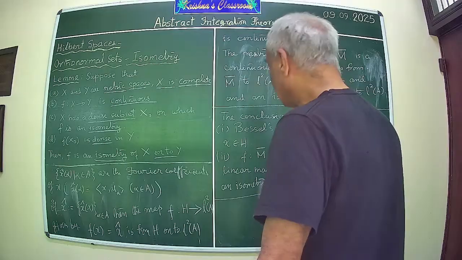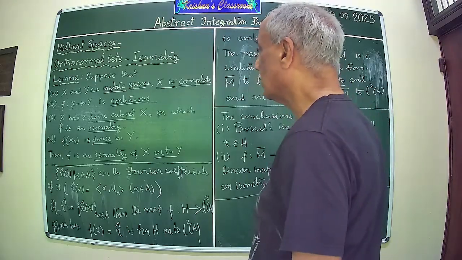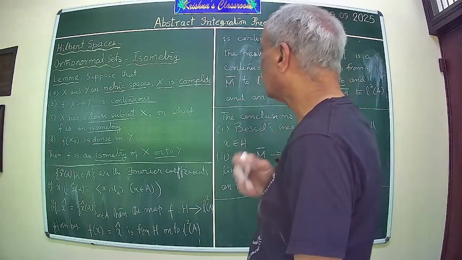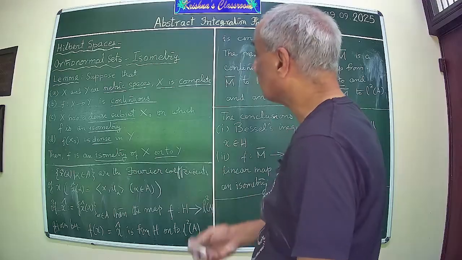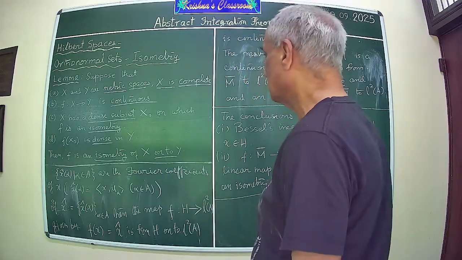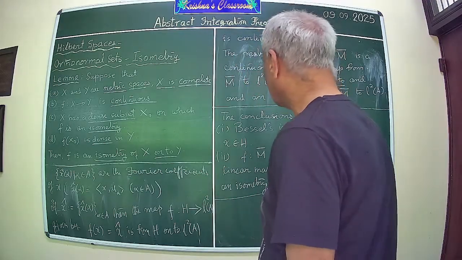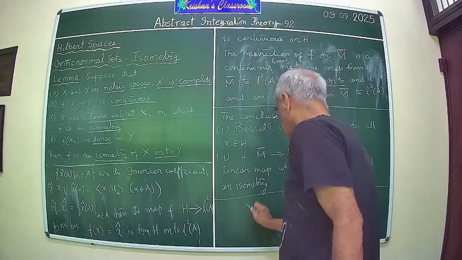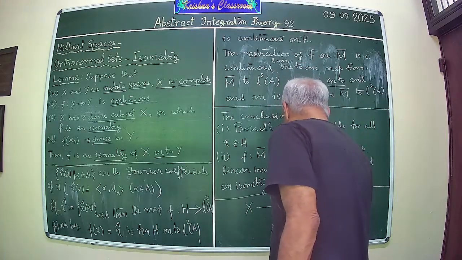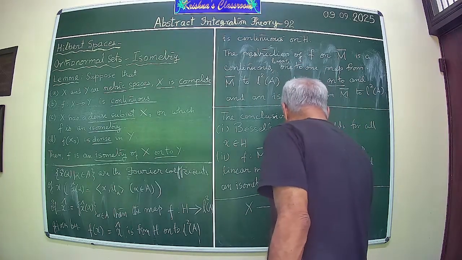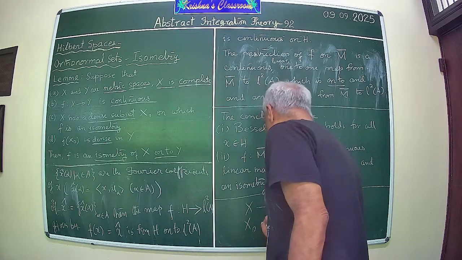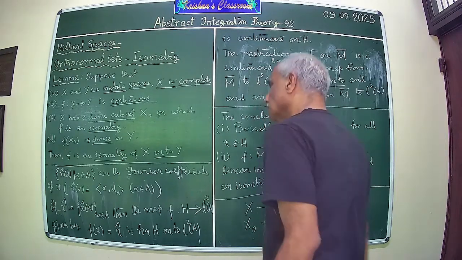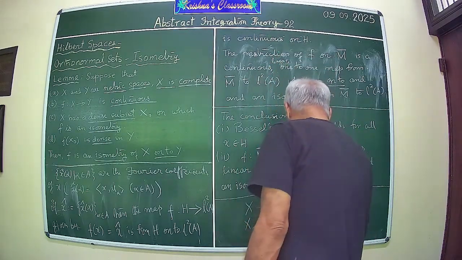Therefore, by itself, it's a Hilbert space, and therefore it's a complete metric space. So instead of X, we choose M closure. X naught we take as M.